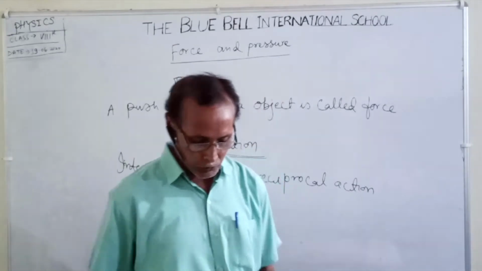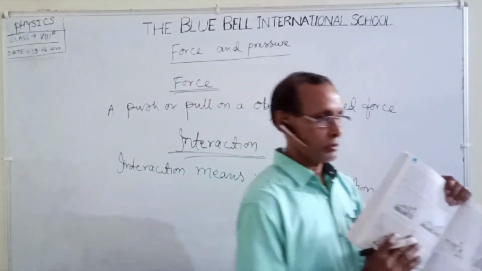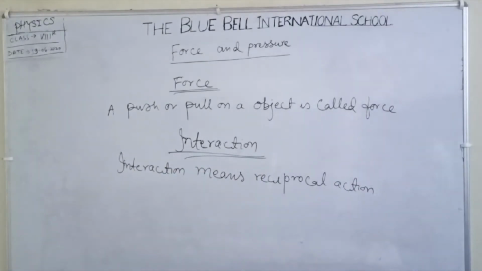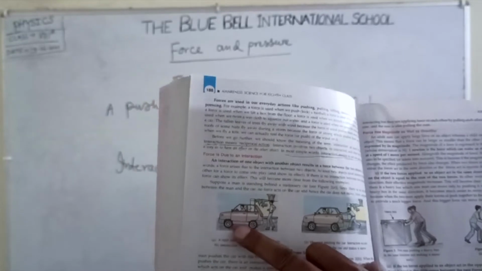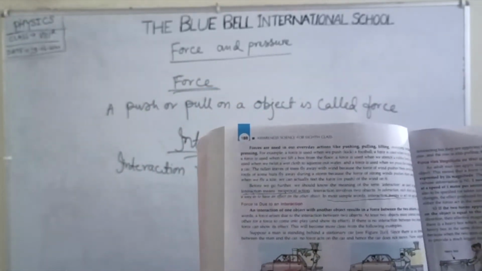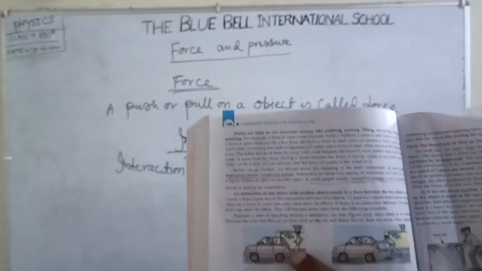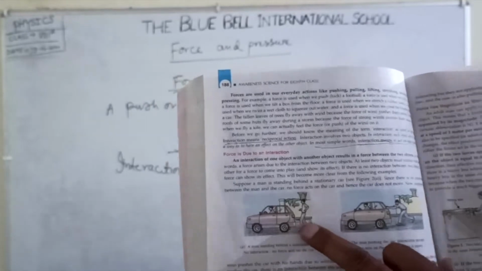Suppose you try to get it from the figure. In this figure, we are just standing behind the car. So we are not applying force here. Why?